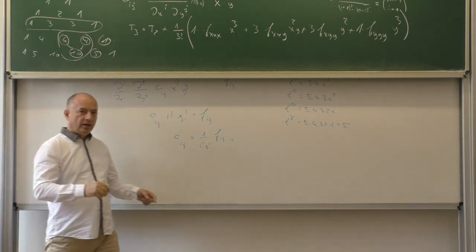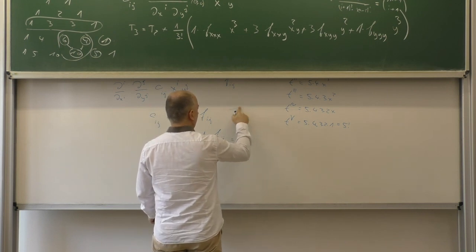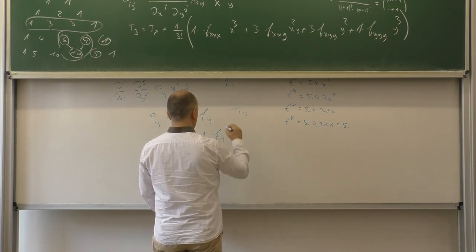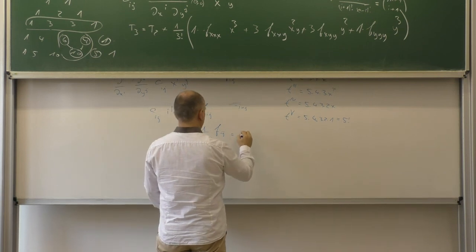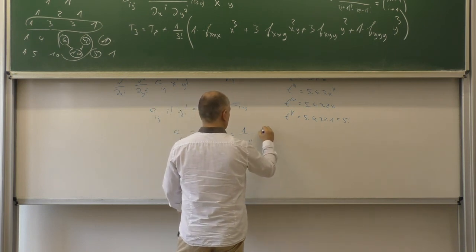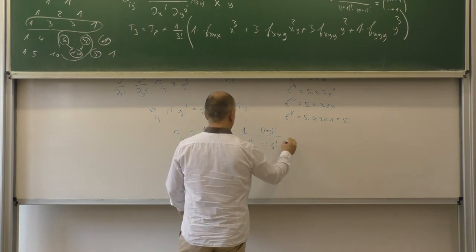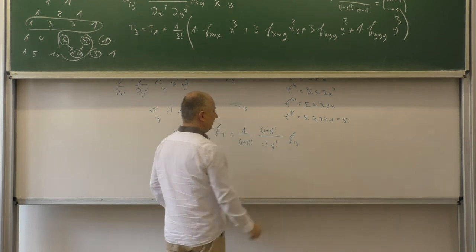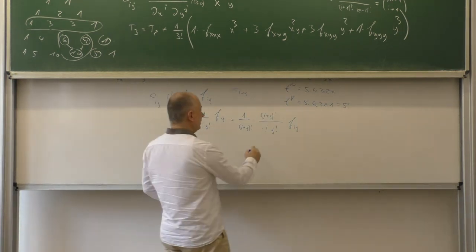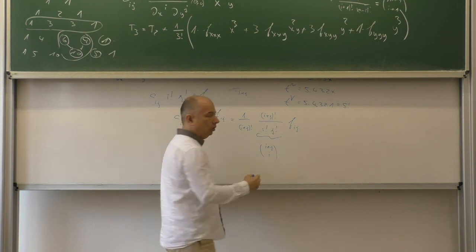And if we multiply and divide by n, or by i plus j factorial, then we have 1 over i plus j factorial times i plus j factorial divided by i factorial j factorial times the derivative of f. And this is exactly the binomial coefficient i plus j above i, or above j.